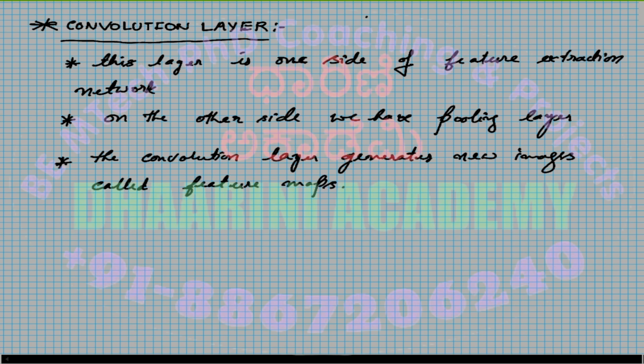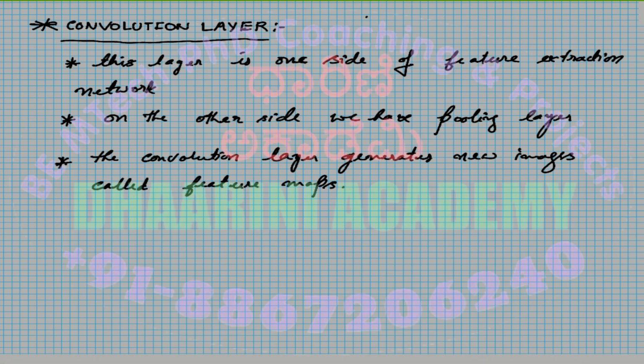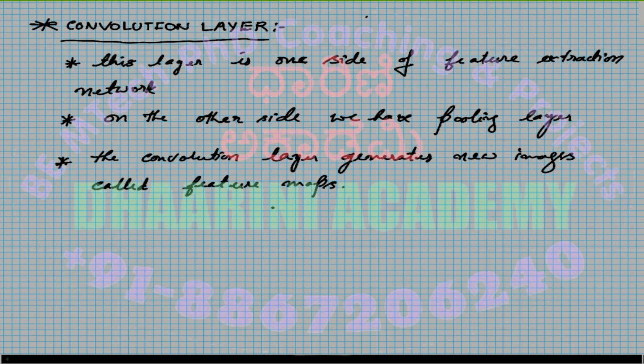The feature map contains unique features of the original image. So what is a feature map?